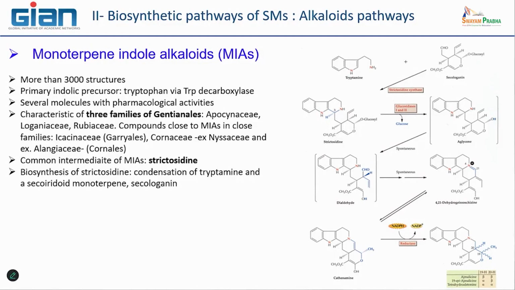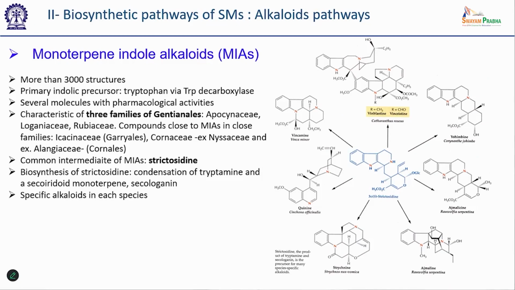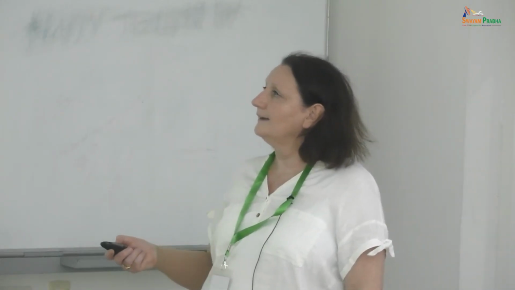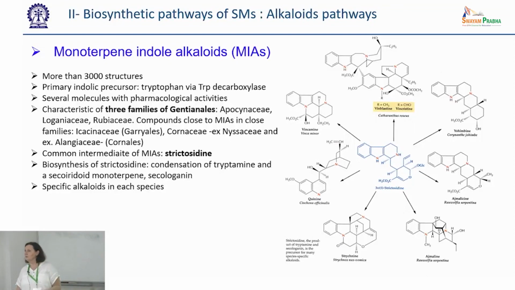And after, here you have a condensation and so on. It is a now very well-known biosynthetic pathway in Catharanthus roseus. I think it is the best-known metabolic pathway because all the genes have now been characterized.